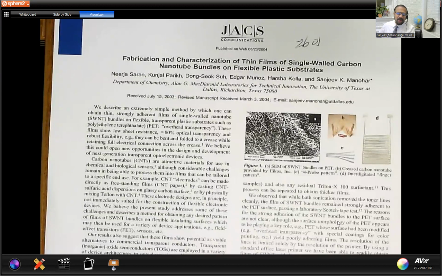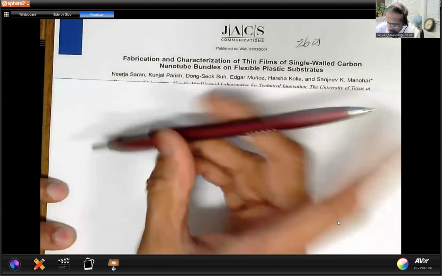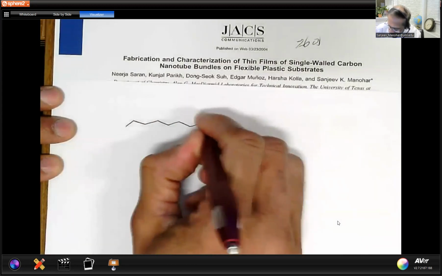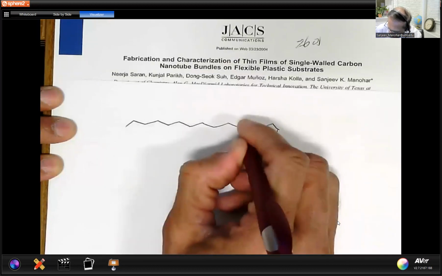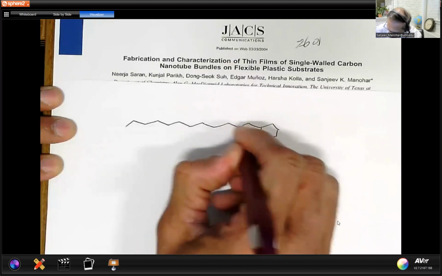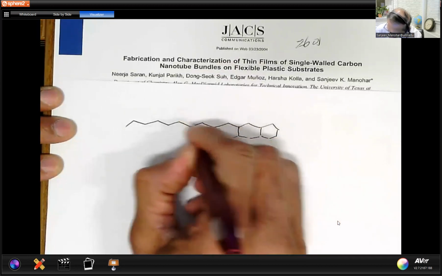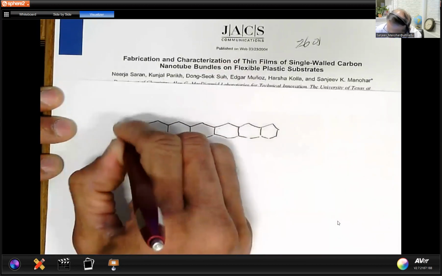If you know carbon nanotubes, they can get wrapped in 2 ways, correct? So you can get 2 kinds of wrapping. Let me just put it this way. This is a nanotube. This is a nanotube, right? All benzene rings everywhere.